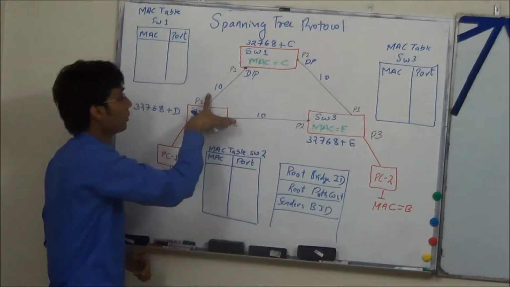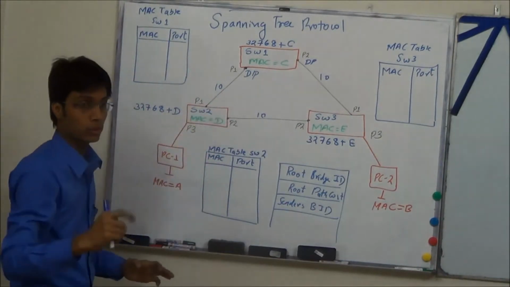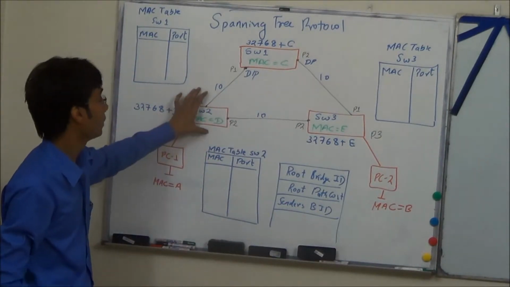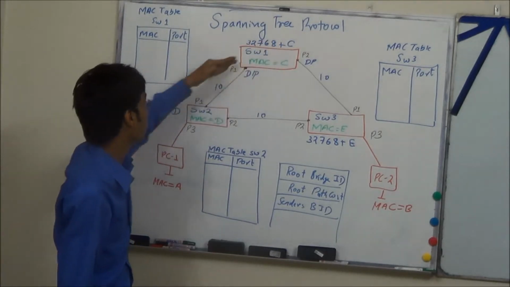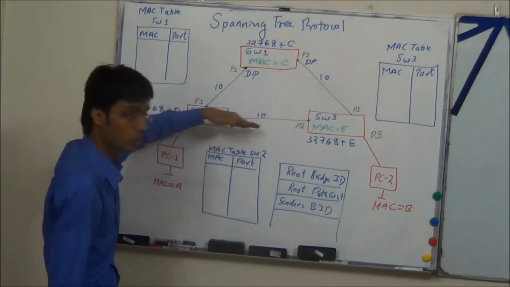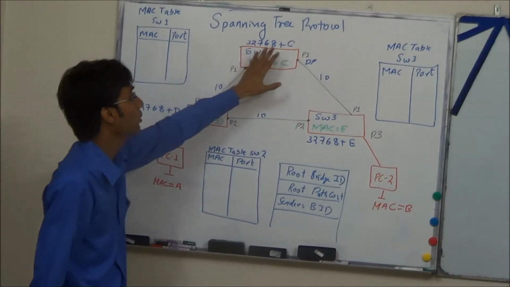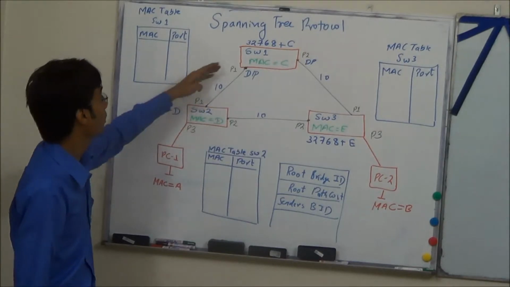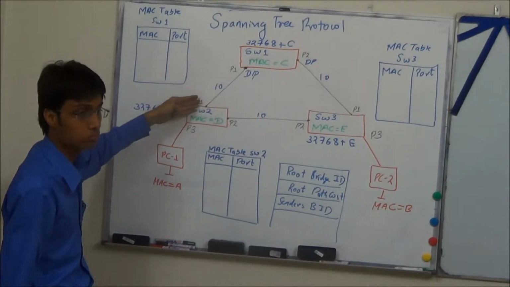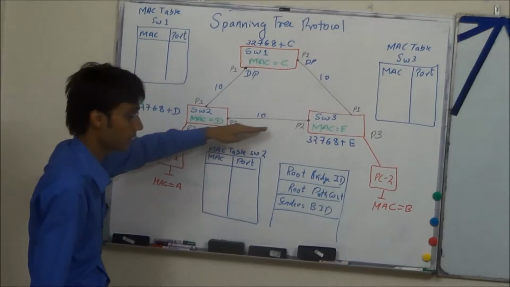So we have two BPDUs received. Let us compare those two BPDUs. The better one will be used to elect the root port. The root bridge ID remains the same, from here also and from here also, that is 32768 plus C. RPC comes into action. Here the RPC is 0. Here the RPC advertises 10.